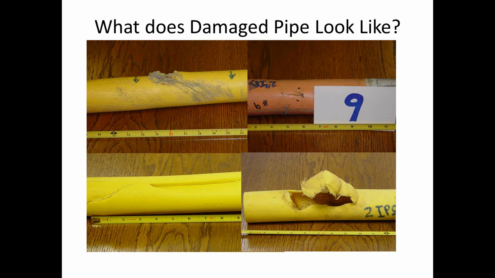So if you're sizing at the maximum capacity of your pipe, you could get into a situation where you're not going to trip that excess flow valve even with some fairly severe damage.